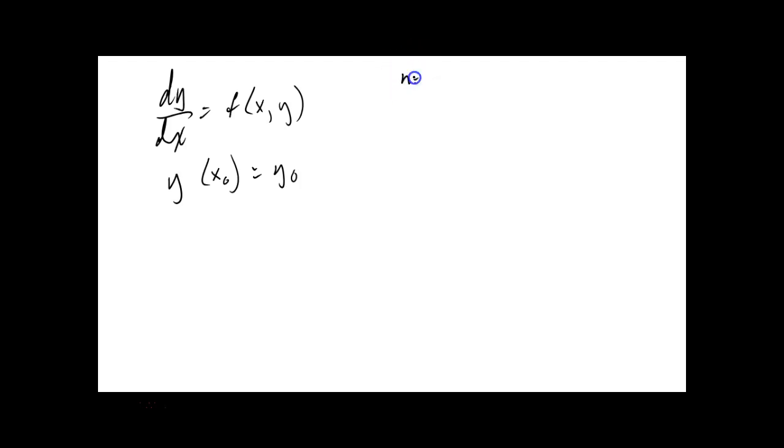This is when n is equal to 1, first order differential equation. Now d2y dx squared, and they're going to call this f as well. What would be your variables for f? X, y, and y prime, first derivative. So this is n equal 2.